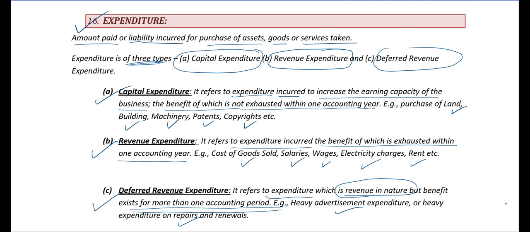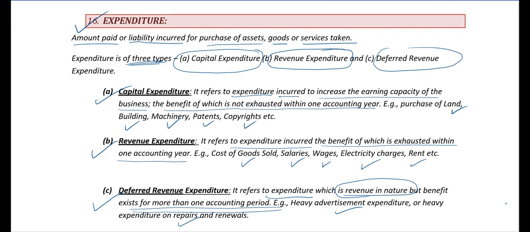So we will divide the advertisement expenditure over the period for which the benefit of the advertisement will be there. So that is called deferred revenue expenditure. The expenditure is revenue in nature. It's an advertisement expenditure, so it's revenue in nature, but the benefit you can get for more than one accounting period. So what is expenditure? An amount which is actually paid or payable. You incur a liability for purchase of assets, goods, or for services taken.